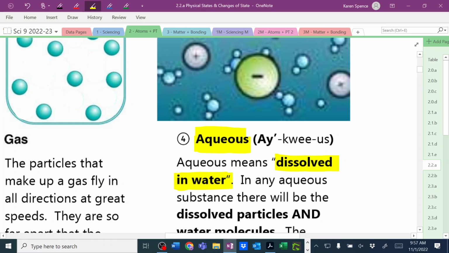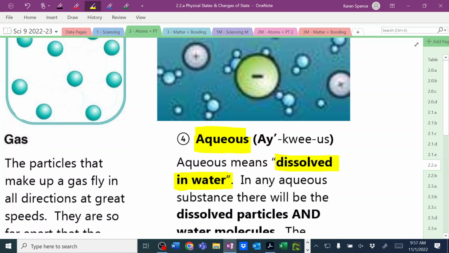So in an aqueous substance, you will actually have 2 different components. You'll have both the water and the thing that is dissolved in the water. Yes? So you'll have a liquid and you'll have something which is aqueous.